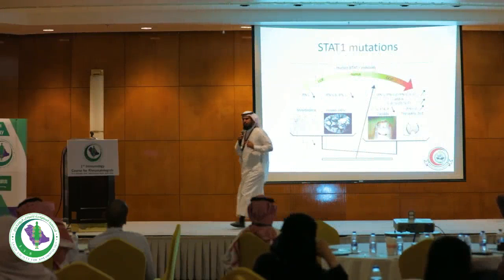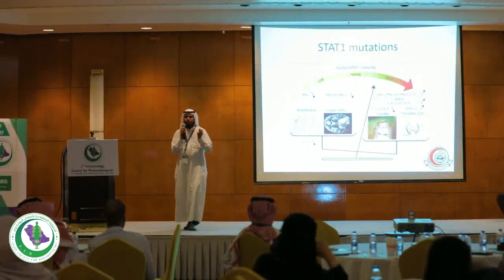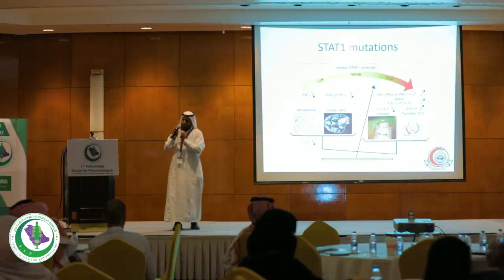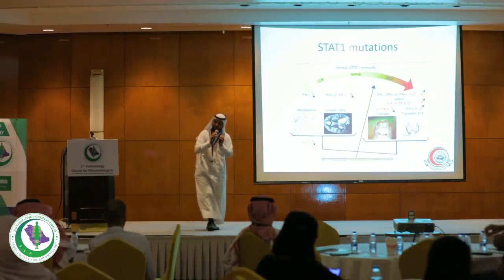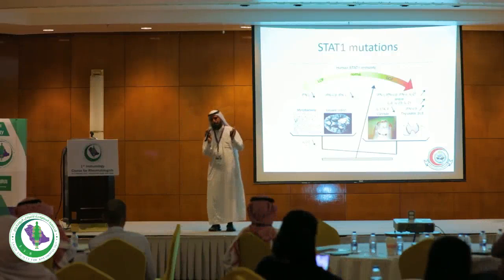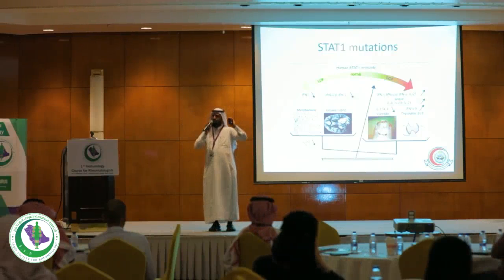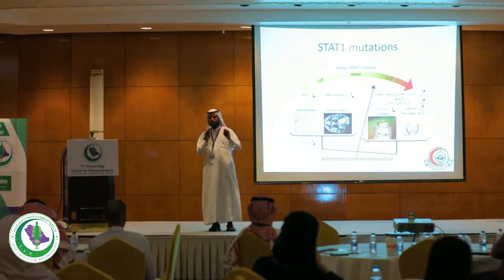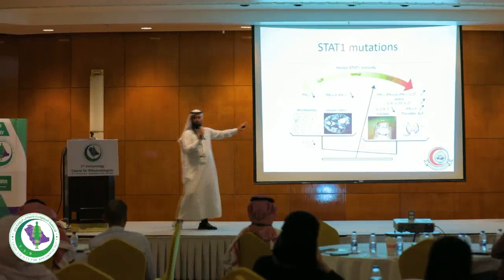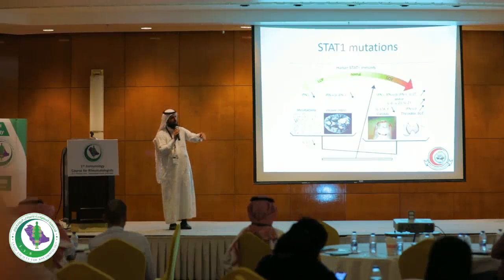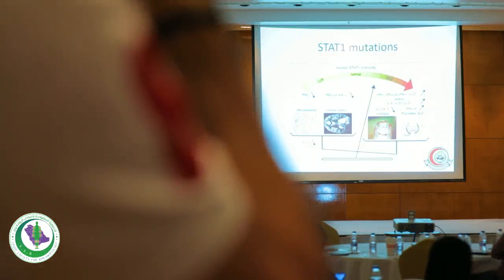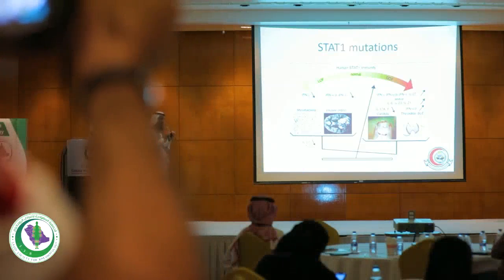And the second issue is, some of the genes should be balanced. The gene gives the protein, and the protein should be balanced. If you have more protein, you'll have a problem. If you have low protein, you'll have a problem. The example is STAT1, and the other example is also STAT3.